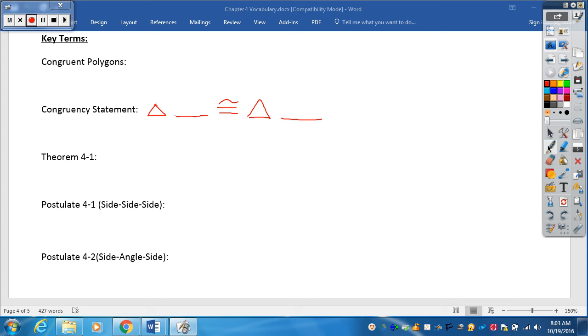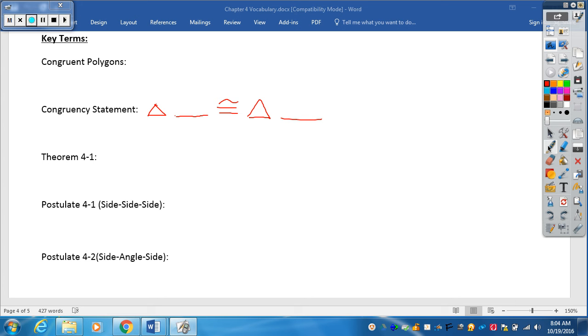So before we get going here, I want you to pull out your vocabulary packet. If we haven't already filled in these things, I want to make sure you get them filled in, and then we'll move on from there. So the first term is congruent polygons. Now if you remember in our last lesson, congruent polygons have two distinct characteristics, and they have to have these, otherwise they won't be congruent.